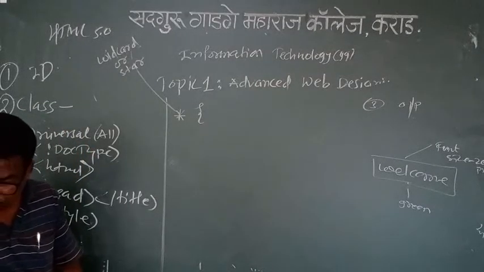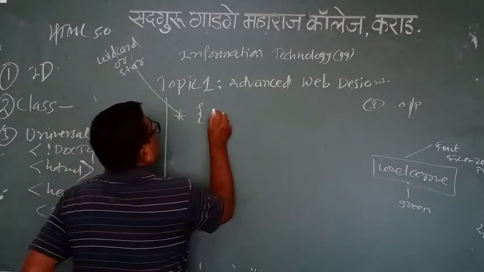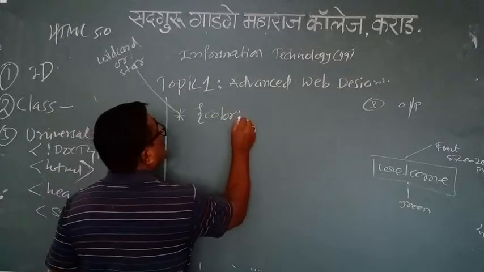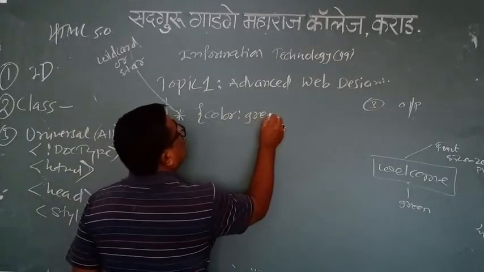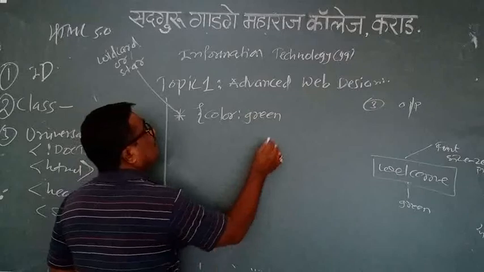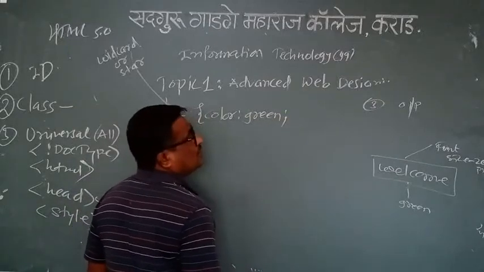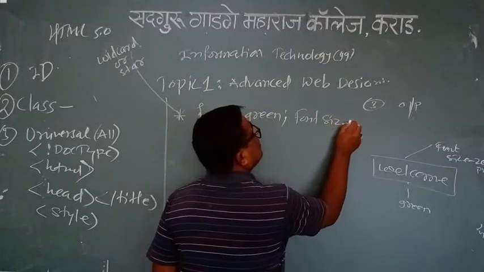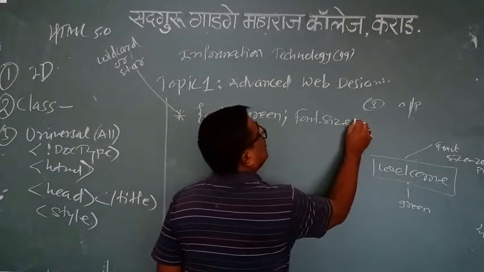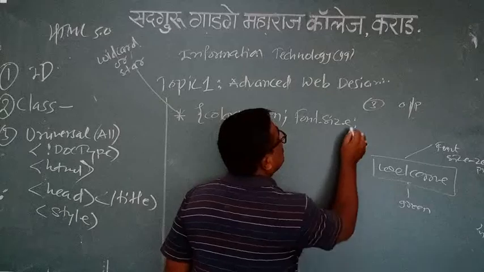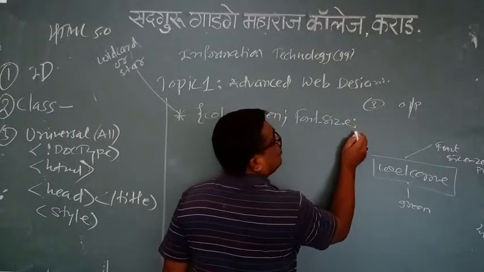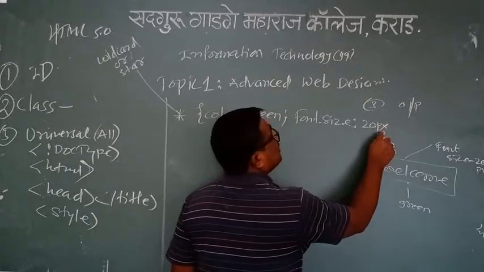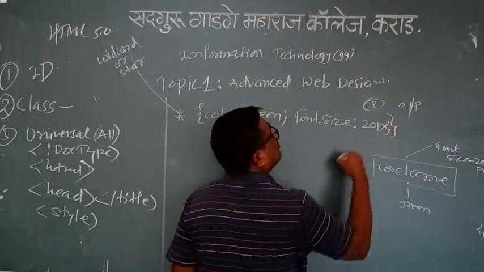For that purpose we have to write here first property color is green, which is separated by colon and with semicolon, and then font size is second property, separated by colon, the value is 20 pixel, that is 20 px. Px stands for pixel, and end with semicolon.